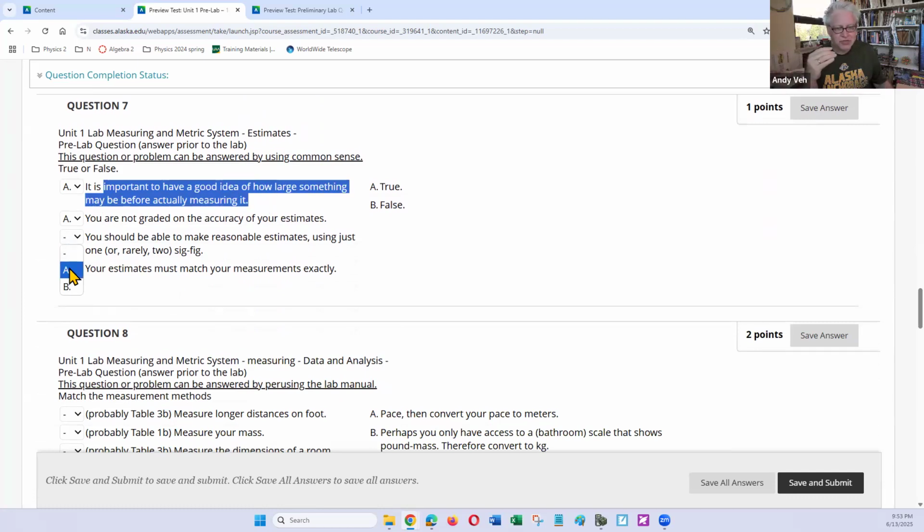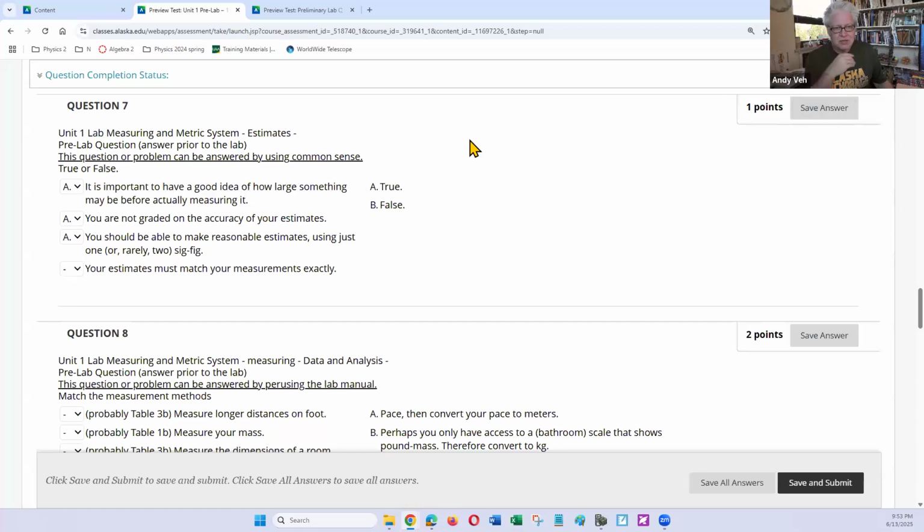So if you measure a room to have a length of 55 meters, which is 160 feet, there's probably something wrong, if you measure a regular classroom that size, unless you have a huge classroom, which we don't have here. The last one, by the way, is false. No, that's not what the point is of an estimate.